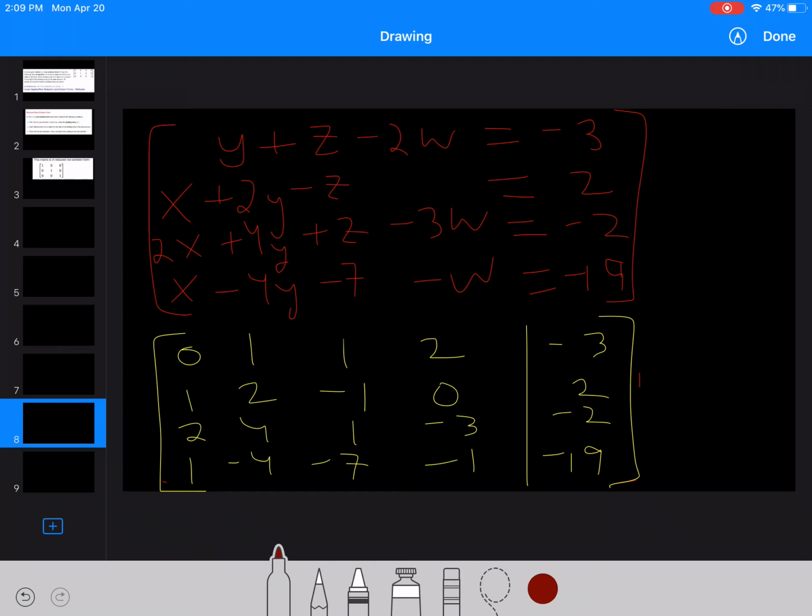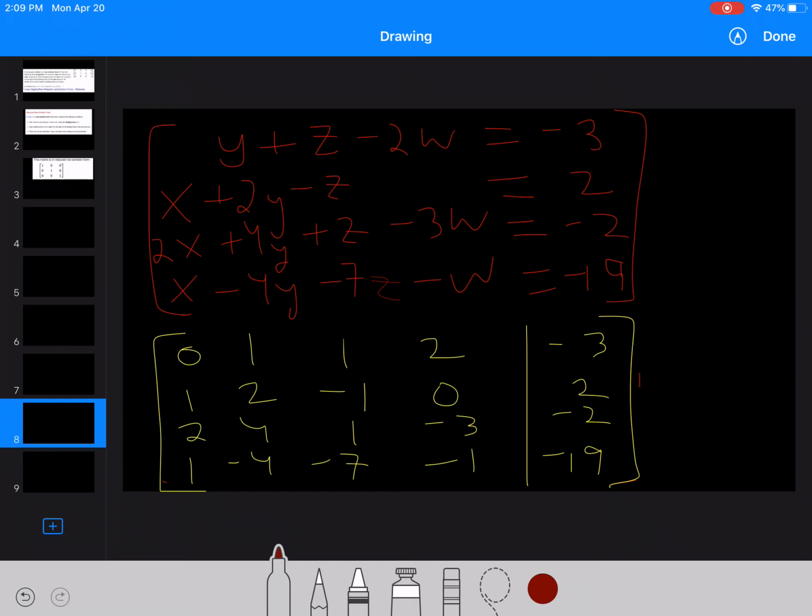That's going to be a z there. Okay. All right. So what I did here was I changed the red linear equations into a matrix at the bottom in yellow, just with the leading coefficients. We really don't care about the variables. Those could be any variables, but the matrix is going to look the same either way.